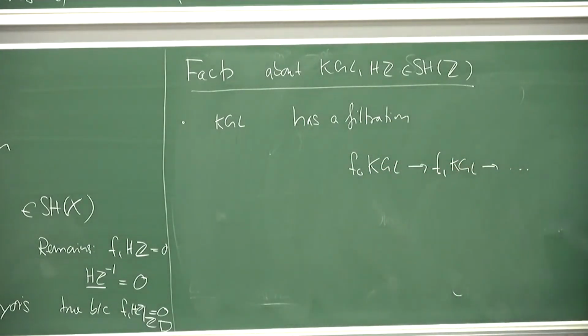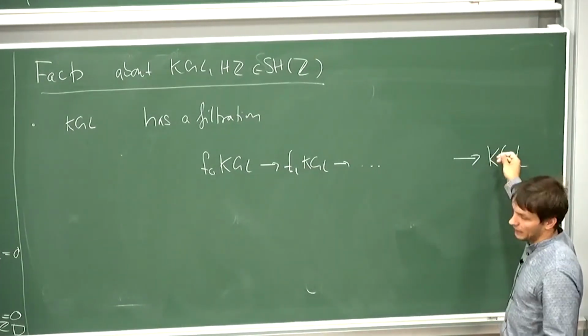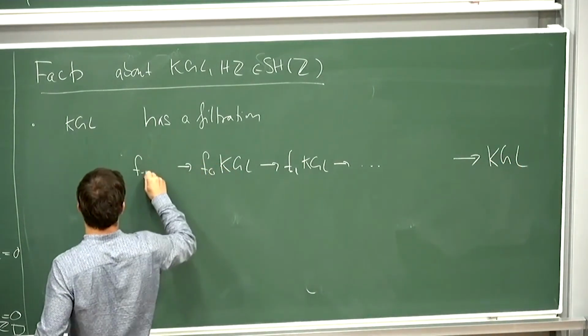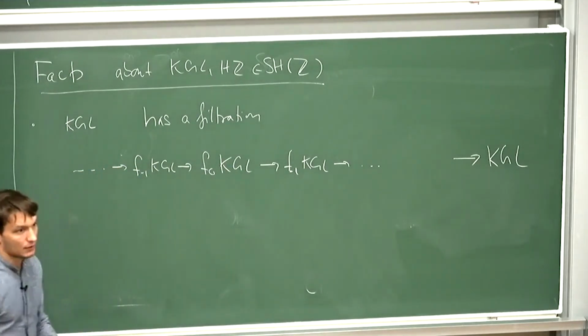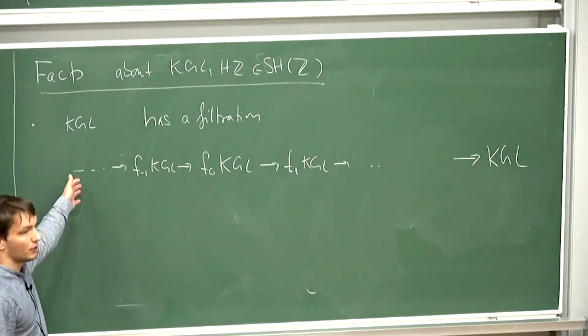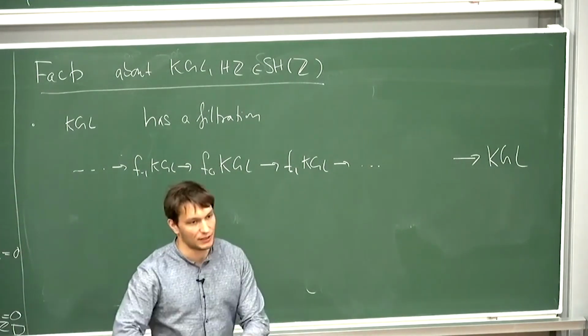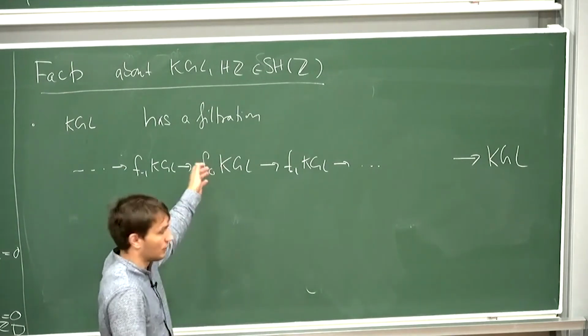And very generally, the colimit is always KGL. I mean, for any spectrum, basically, this always happens. And then there are more terms here, f_{-1} KGL, and it keeps going in this direction. And a priori, there's no reason for the limit to be 0. So this is somehow the slice convergence problem already over fields, not obvious. And it definitely depends on the spectrum, so not clear.